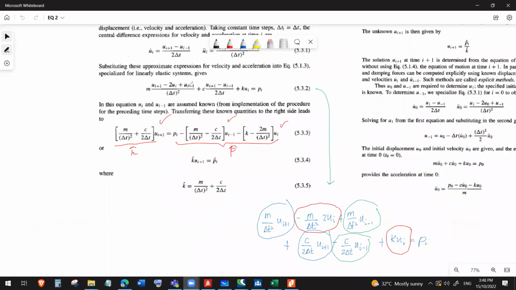So after plugging in the formulas, right? Then combine common terms. So syempre i-distribute natin yung m sa bawat terms na yan and also the c. And so ito na siya.